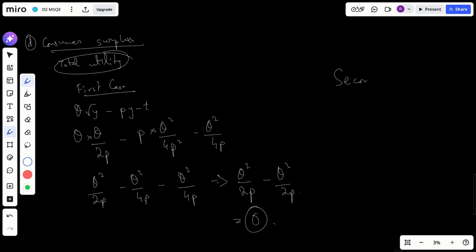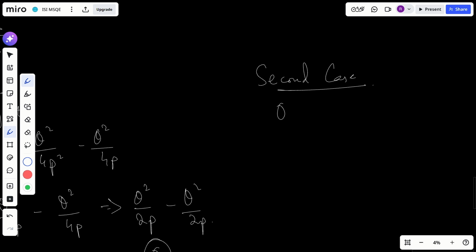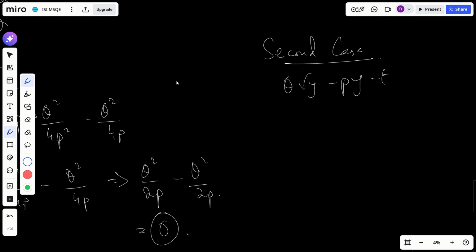Now in the second case, once again we will do this, and since our t is equal to 0, we'll have theta root y minus py, so theta times theta by 2p minus p times theta square by 4p square.